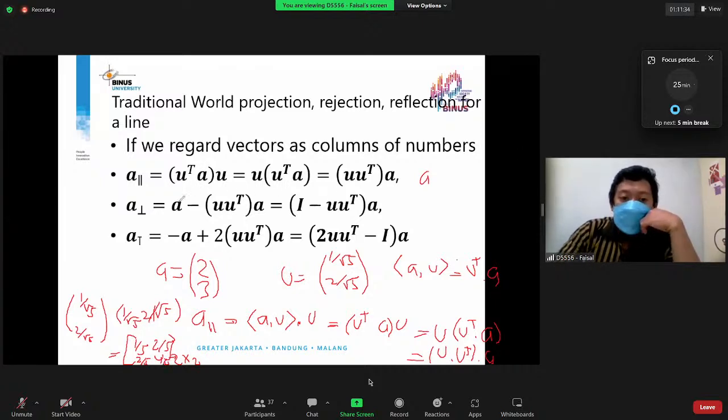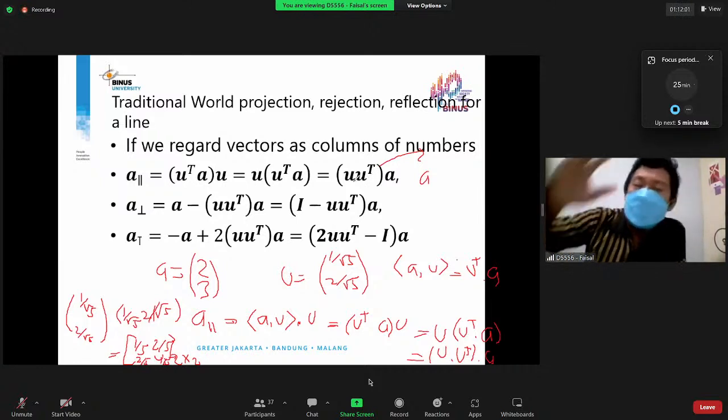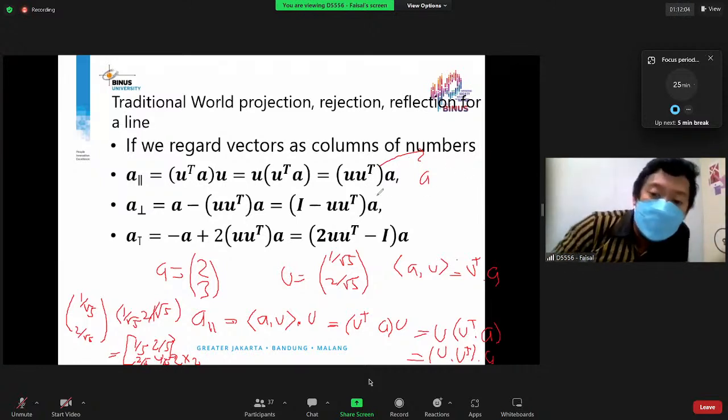So the projection is the multiplication of this 2 by 2 matrix with A. This is the matrix: the multiplication of U as a column matrix times U transpose, a 2 by 2 matrix.